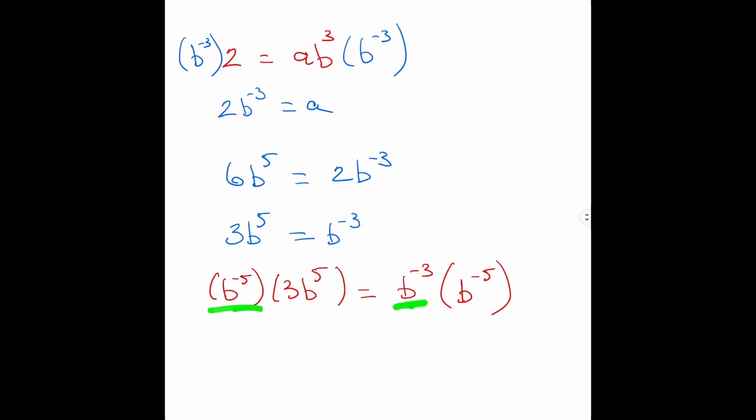But what I do to the left, I have to do to the right. So the left-hand side simplifies to 3, and the right-hand side simplifies to b^(-8).